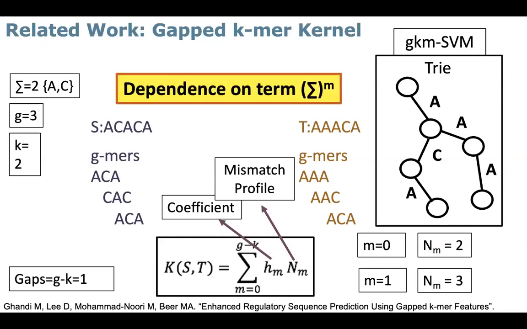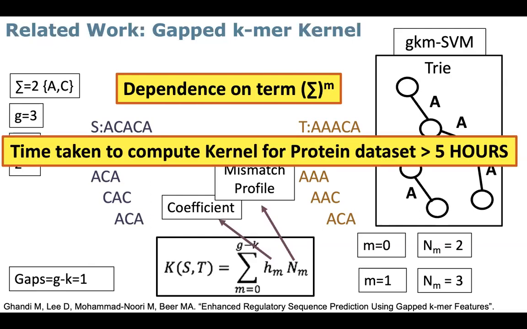However, they still have the dependency term sigma to the m, plus the s and t, the g-mer size related feature, which is a search related to the trie implementation. For example, they're really extremely bad when you have a little larger than sigma to the 4.